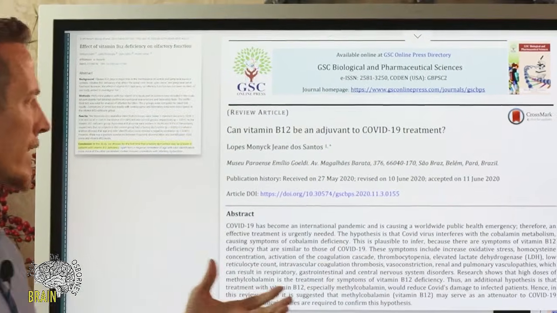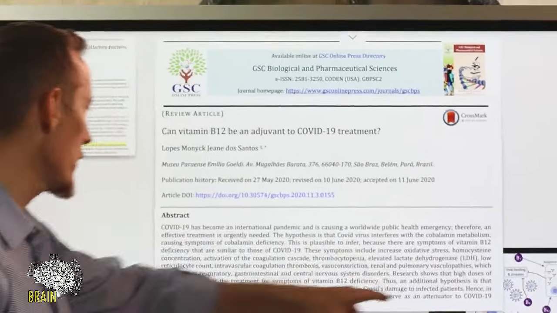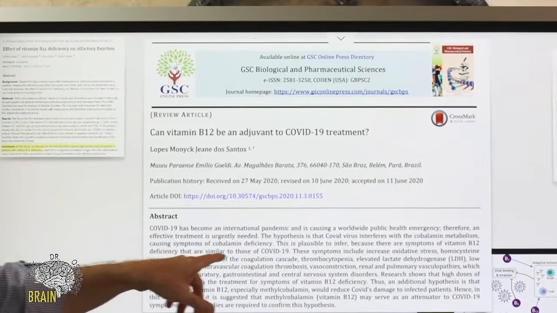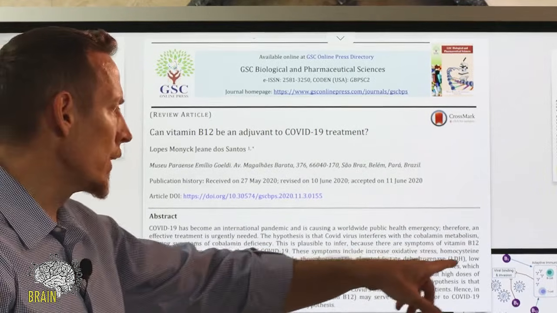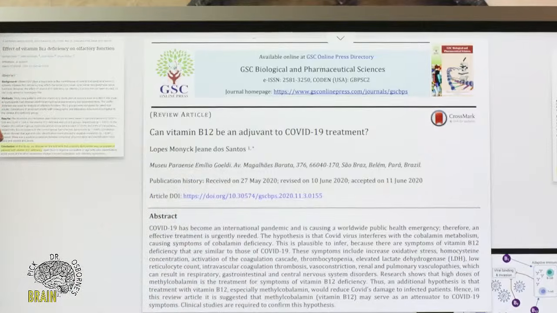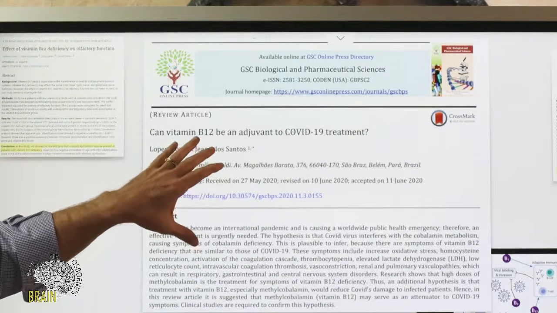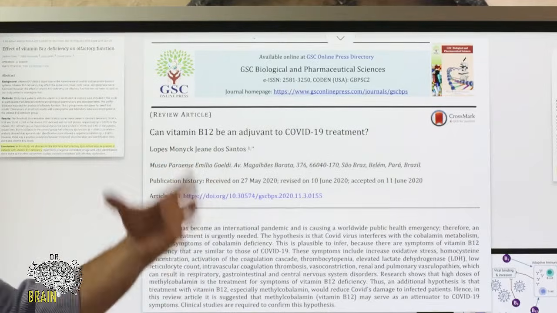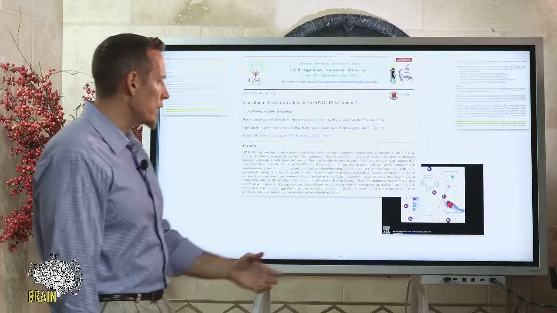The reason is it causes a lot of oxidative stress and damage that can elevate homocysteine concentration, that can lead to problems with platelets, elevated chemicals in the blood that can have an impact on vitamin B12. So the theory is that the symptoms or the problems associated with the illness can actually deplete your B12 and leave you wanting for B12.